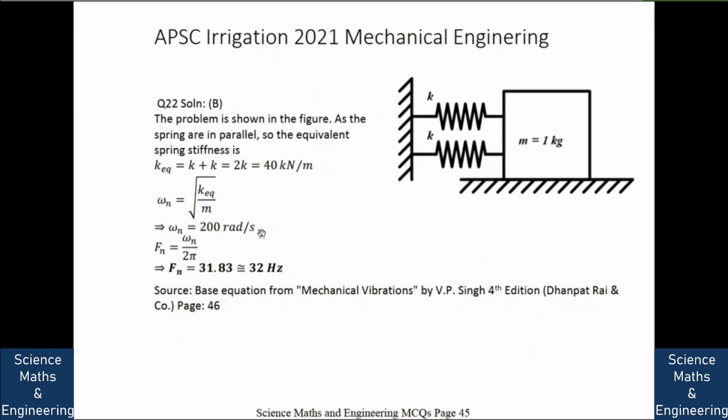Now omega n is equal to how much? Root over K equivalent divided by M. So omega n would be equal to 200 radian per second. So the natural frequency would be omega n divided by twice pi, which is almost 32 Hz. So we will go to the next question.